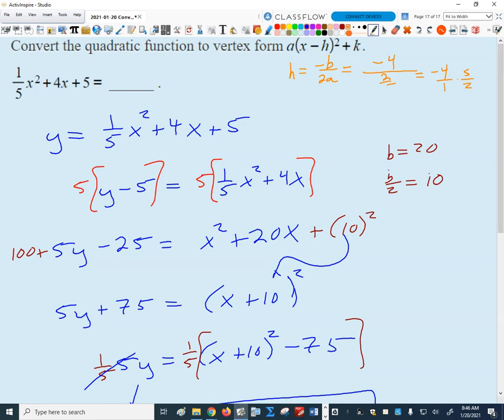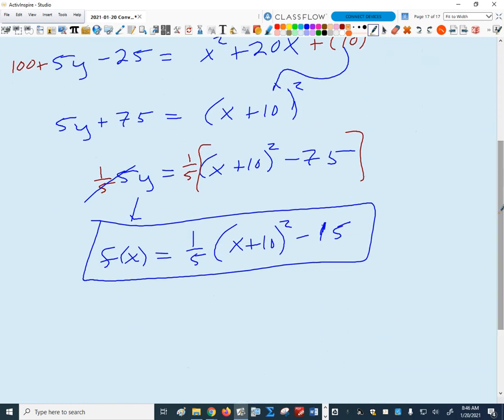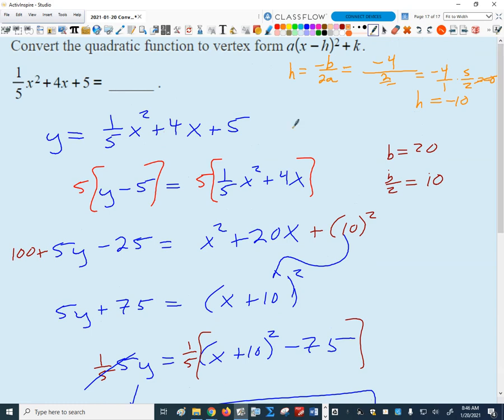So yeah, we get h is equal to negative 10, which is right. I get x minus negative 10 squared. And then k, if I plug negative 10 in, I'm just going to get 1/5 times negative 10 squared, which is 100, plus 4 times negative 10, which is negative 40, plus 5.